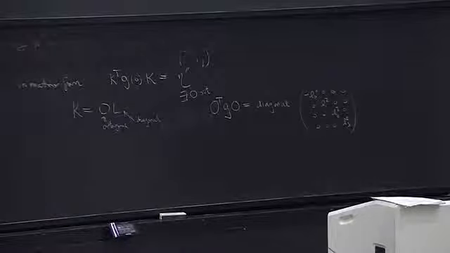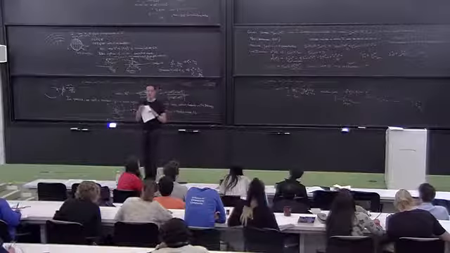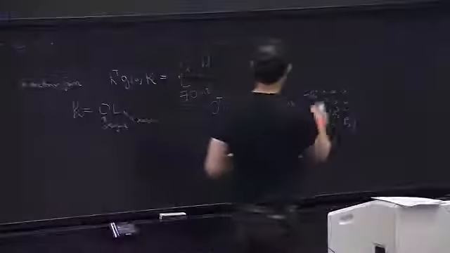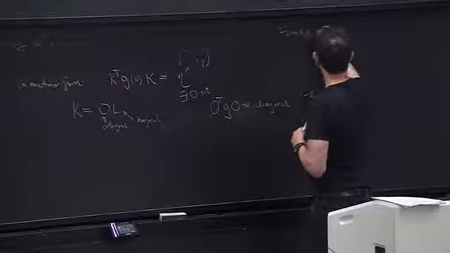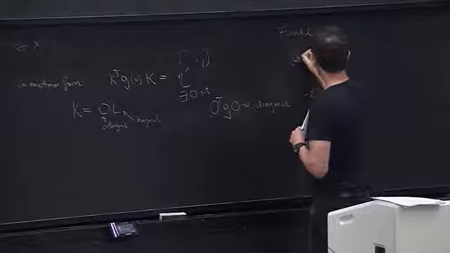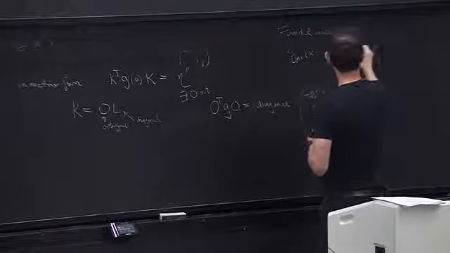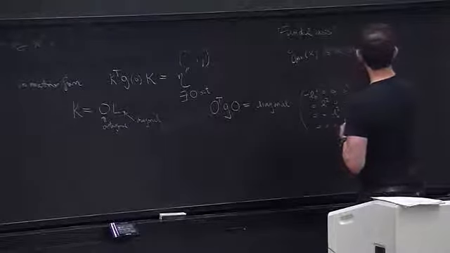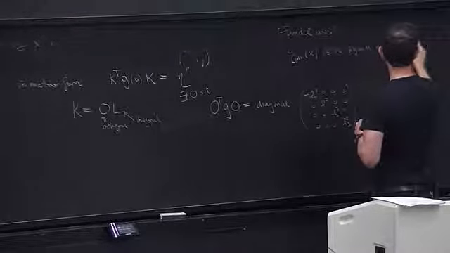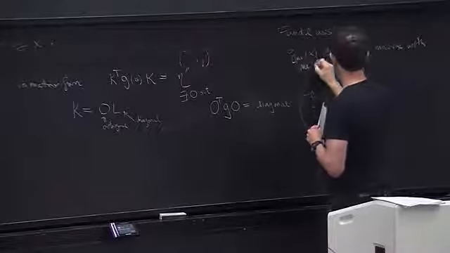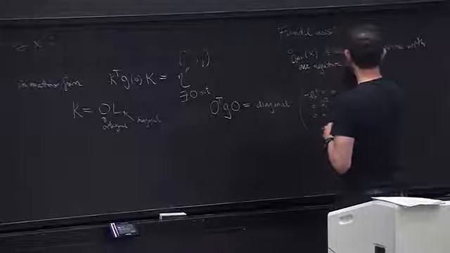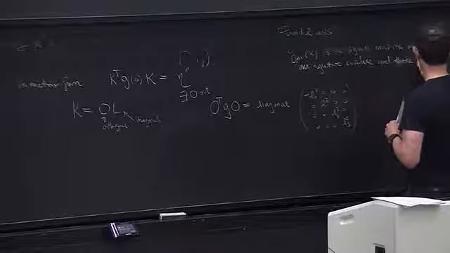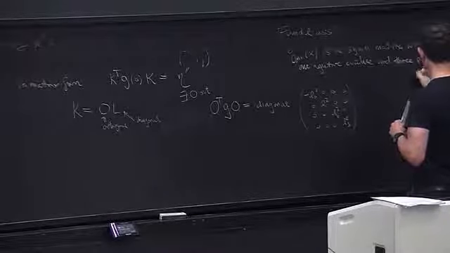Why did I put 1 minus sign and 3 pluses? Because the fundamental assumption of general relativity is that G mu nu of x is a symmetric matrix with one negative eigenvalue and 3 positive eigenvalues.